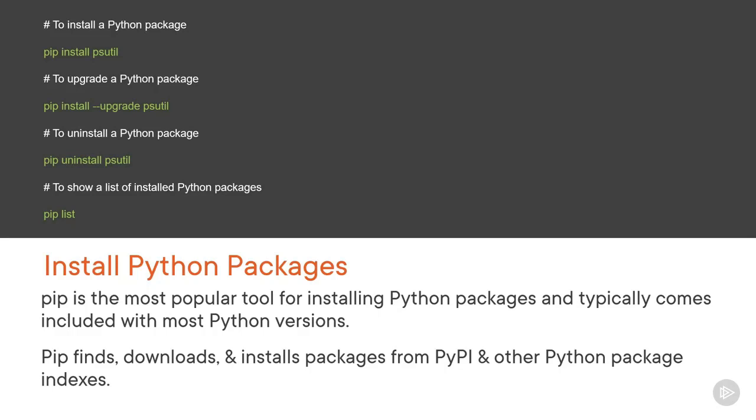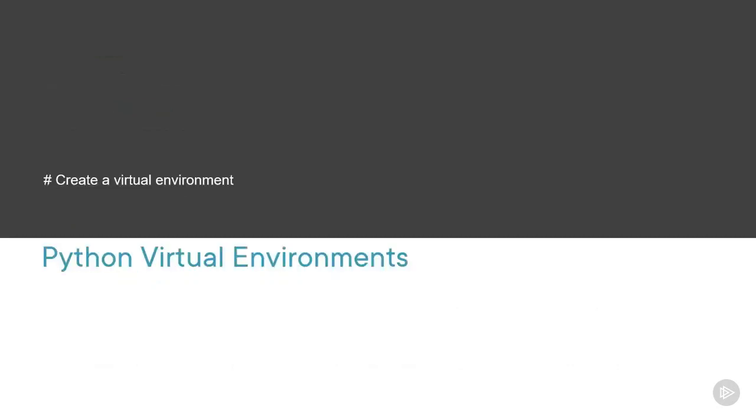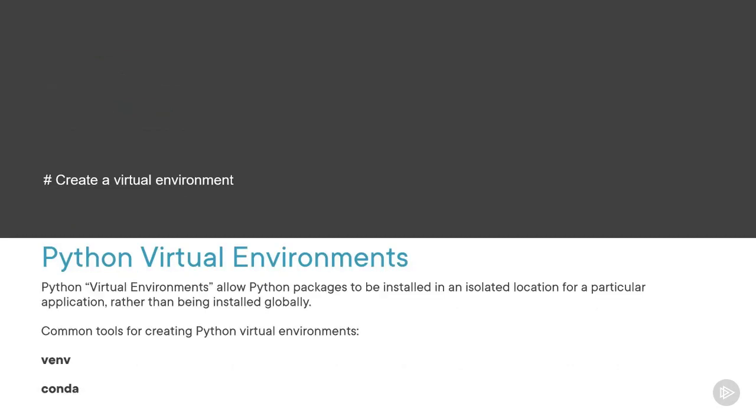And then the last syntax there is really good for you to have, and that can be used to show a list of Python packages that are currently installed on the machine you're working from. So to do that, you just run pip space list, and that will output the list of packages that are installed for Python.